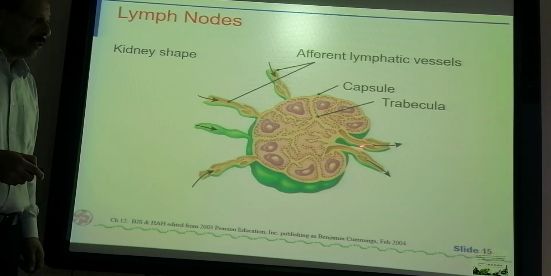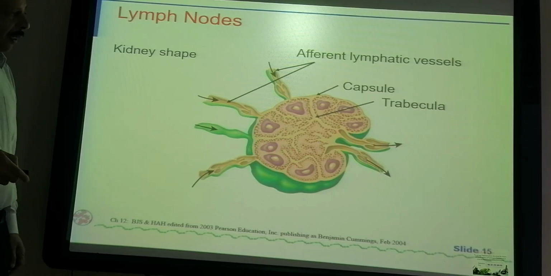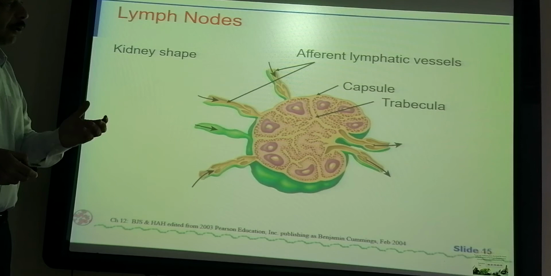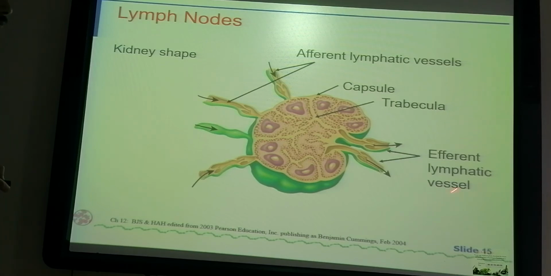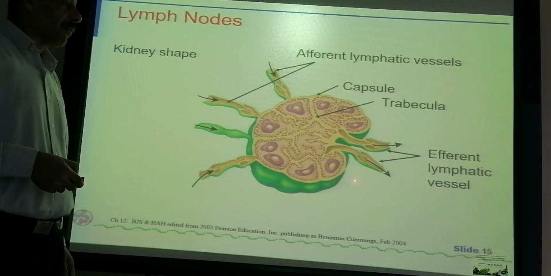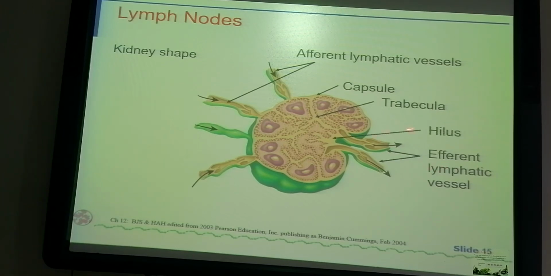If it passes, it will go to another lymph node that will do more filtration. So those are the efferent lymphatic vessels, and this is the hilum, which is similar to the kidney, and here the cortex of the lymph node, and the medulla.